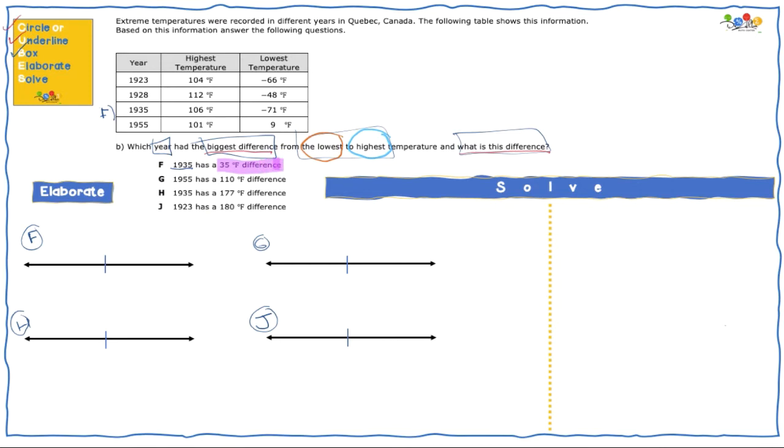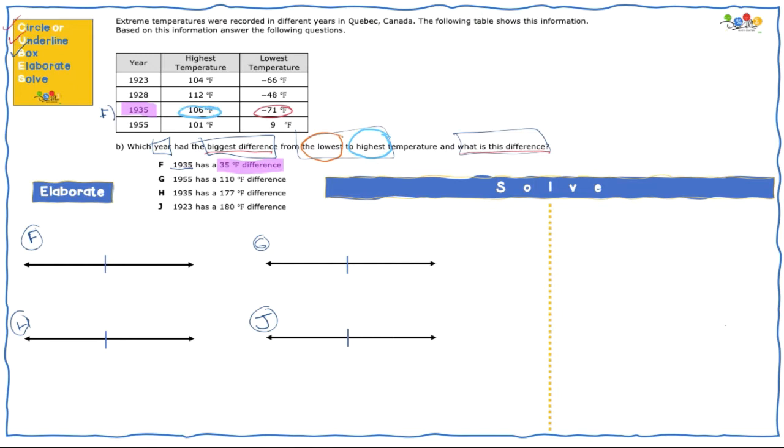So I'm going to focus on 1935, and 1935 had a lowest temperature of -71, and the highest temperature, I'm using this one here, of 106.